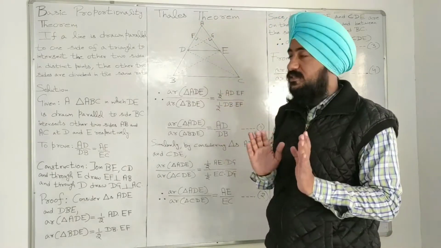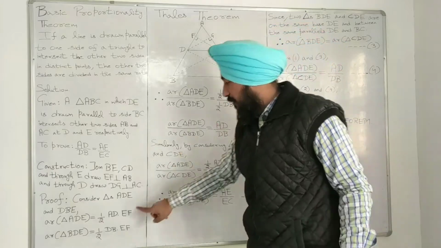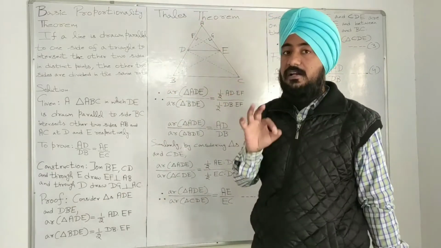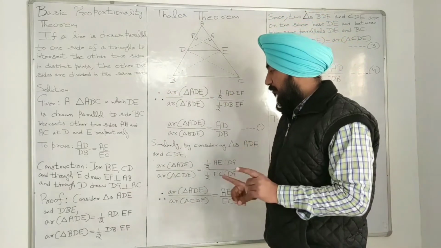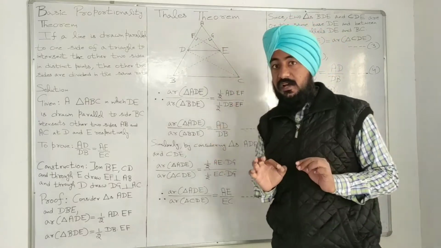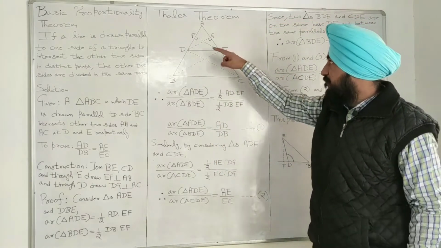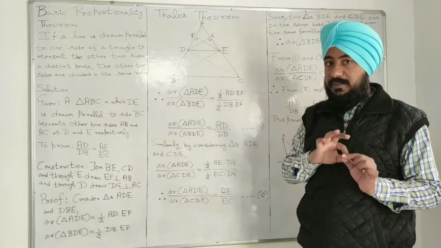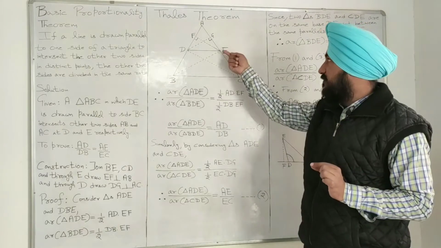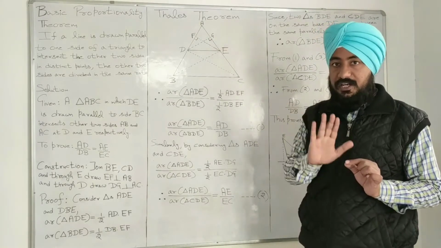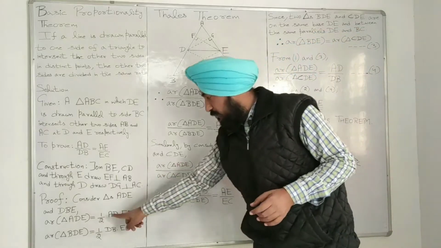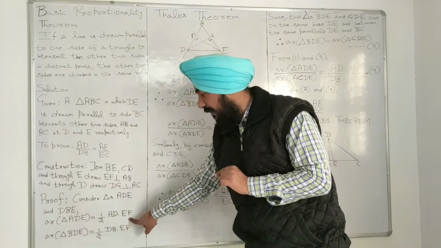It means AD is the base of triangle ADE, and EF is the height of this triangle. So 1/2 base means AD, and height means EF.